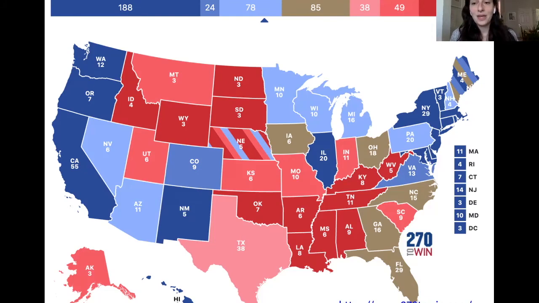And more states were set up, like Nebraska and Maine, with proportional elector votes. But most states, all of them except for Maine and Nebraska, have created their own new rules, that the winner takes all. So like we discussed earlier.